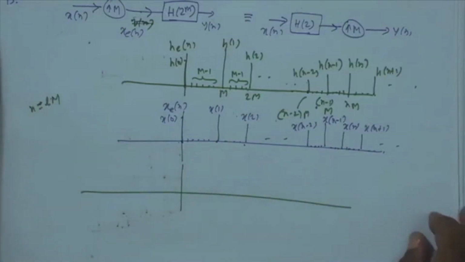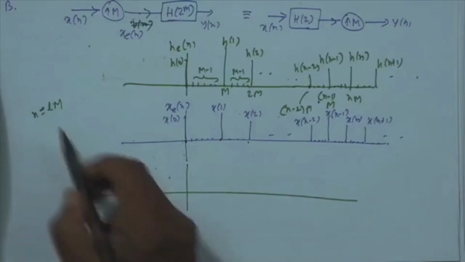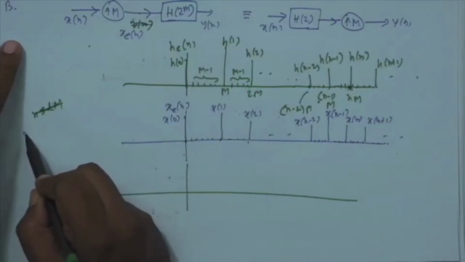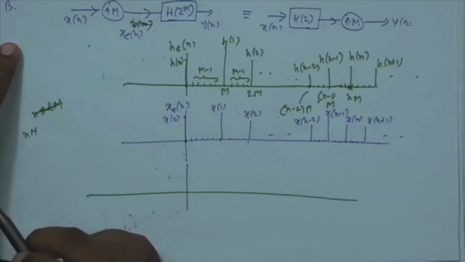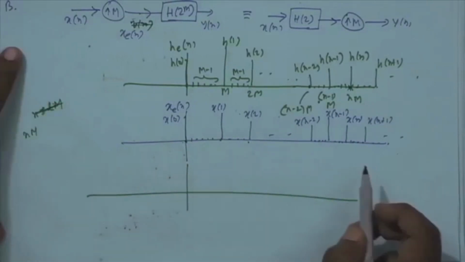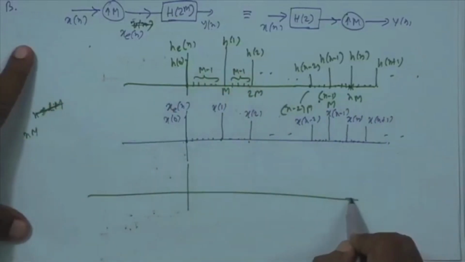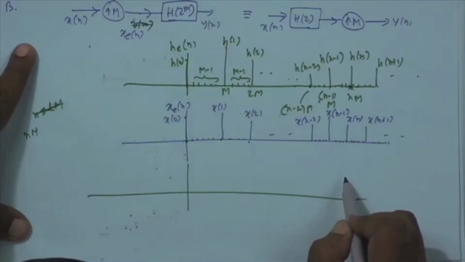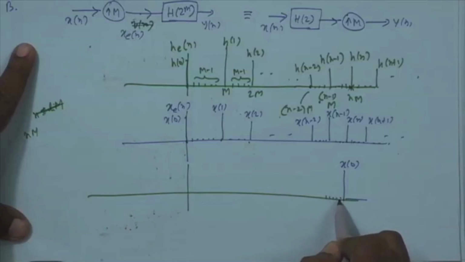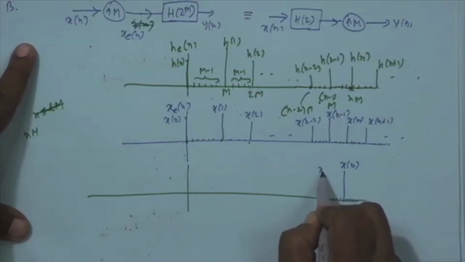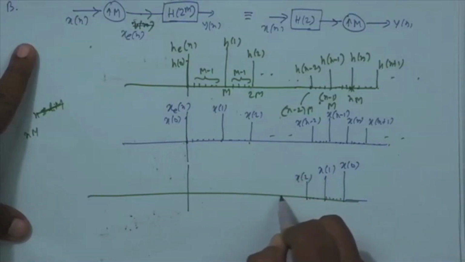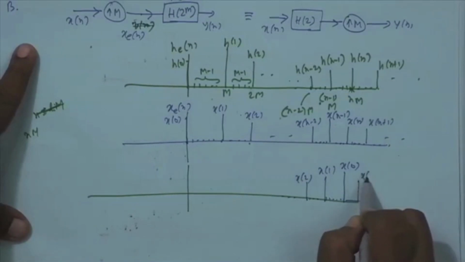So, I have to shift it. Say n m, I consider, suppose instead of n, n is n m. If I flip it and then shift it by n, x 0 will come here, dot dot dot, zeros will come, followed by, because I flipped, x 1, then zeros will come, then x 2, dot dot dot, here we will have x minus 1.